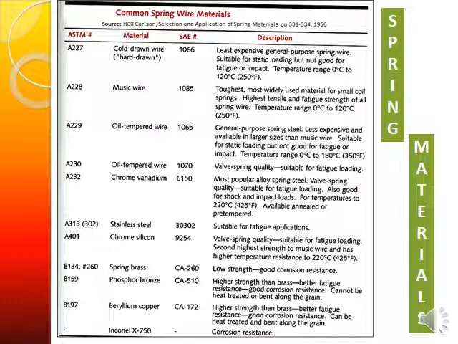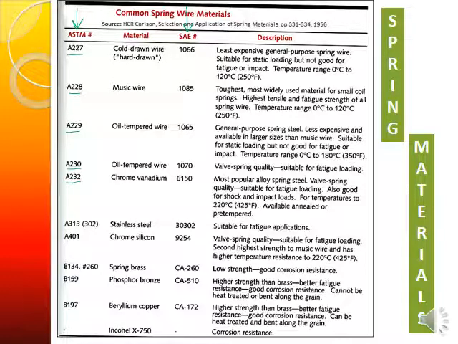Now here you see in this table, two different standards are used. One is ASTM, American Society for Testing of Materials, and the other is the SAE, which is the Society of Automotive Engineers. These are the material designations: A227, A228, A229, A230, A232, and so on.